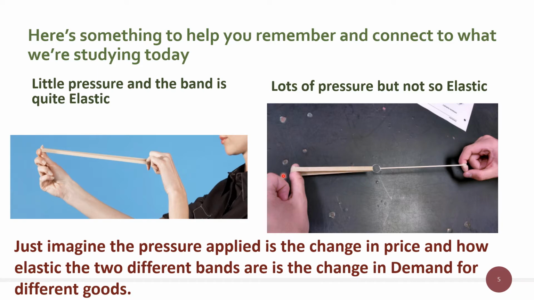The demand does not react much to a big change in price. So just imagine the pressure applied is the change in price. And how elastic the two different bands are is the change in the demand for different goods, whether they are relatively elastic or relatively inelastic.